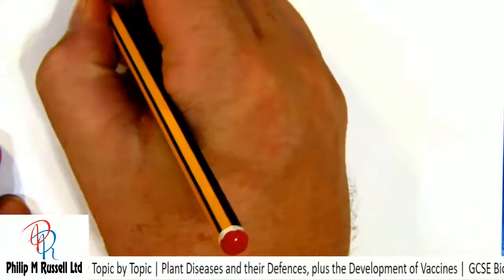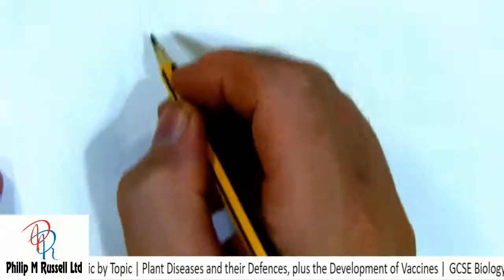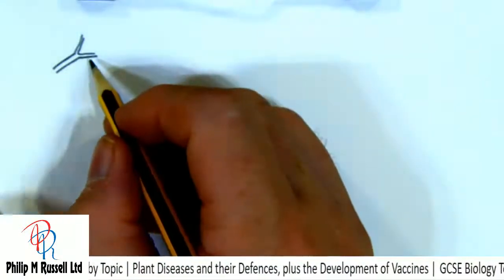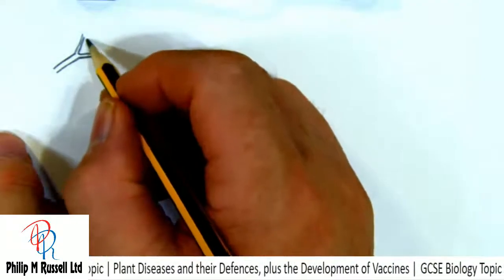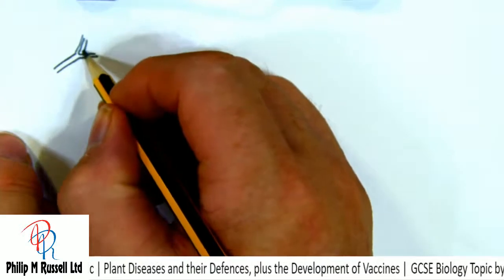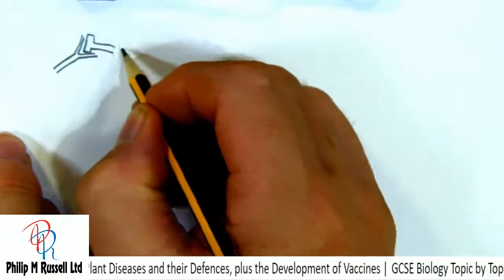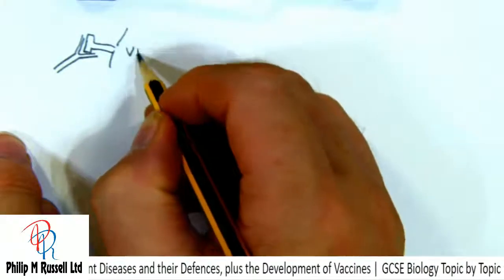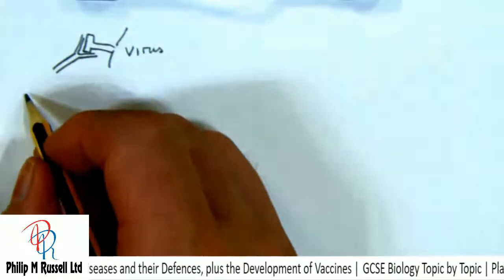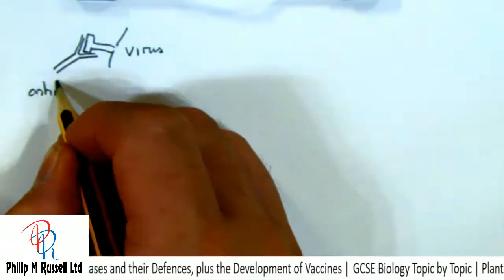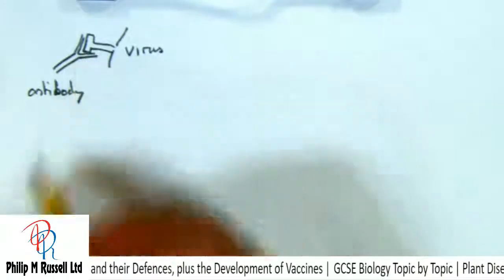Our antibody is typically a sort of Y-shaped molecule, much like this. And this antibody can stick to perhaps part of the virus. And with this antibody on here, then simply the virus can't work.